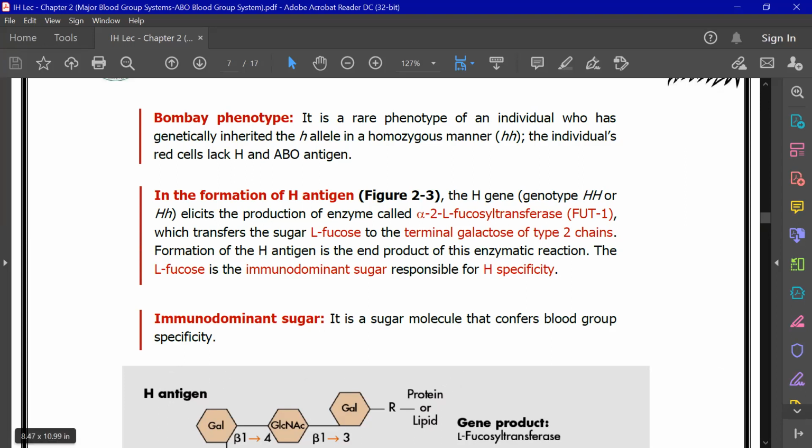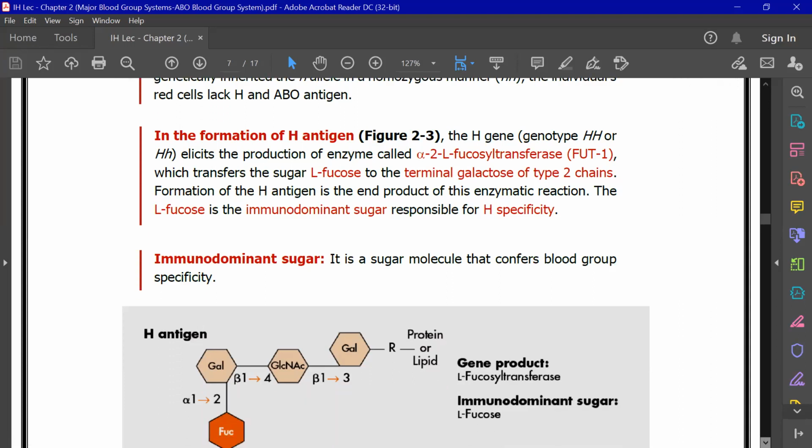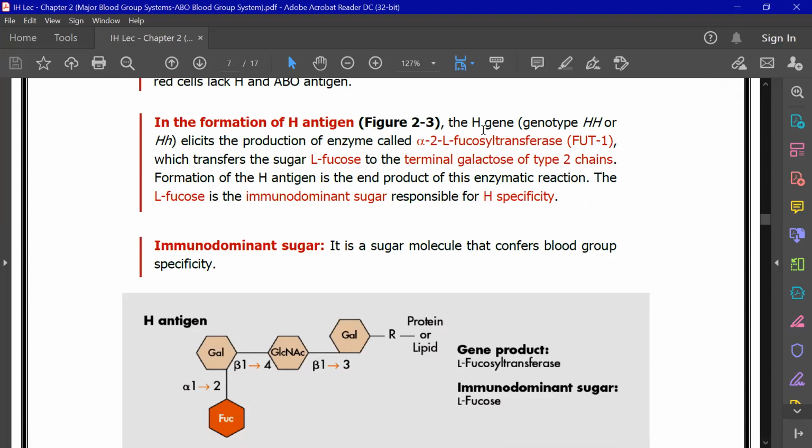This is our type 2 paragloboside, the precursor substance. We said the inheritance of the H gene produces a protein, specifically alpha-2-L-fucosyl transferase. What does that enzyme do? It adds a sugar to our precursor substance, specifically the sugar L-fucose.